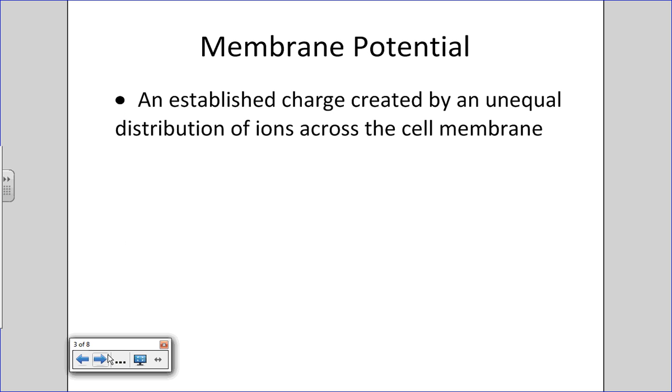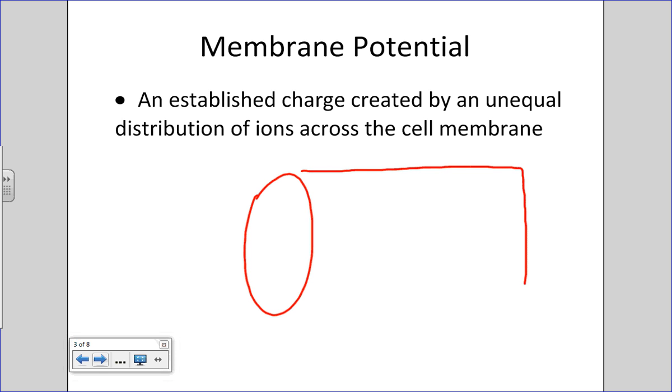Now, the membrane potential is an established charge created by an unequal distribution of ions across the cell membrane. So let's say we're looking at a nerve cell, and we take a section of an axon of a nerve. Let's say I want to take an electrode and measure the electrical charge of this.